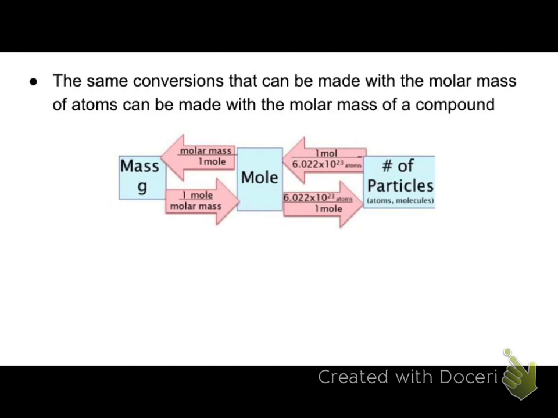You can do the same thing if you're using mass in grams of a compound. As long as you know the formula, you should be able to calculate molar mass and use that to get your number of particles, mass in grams, whatever it is that you need.